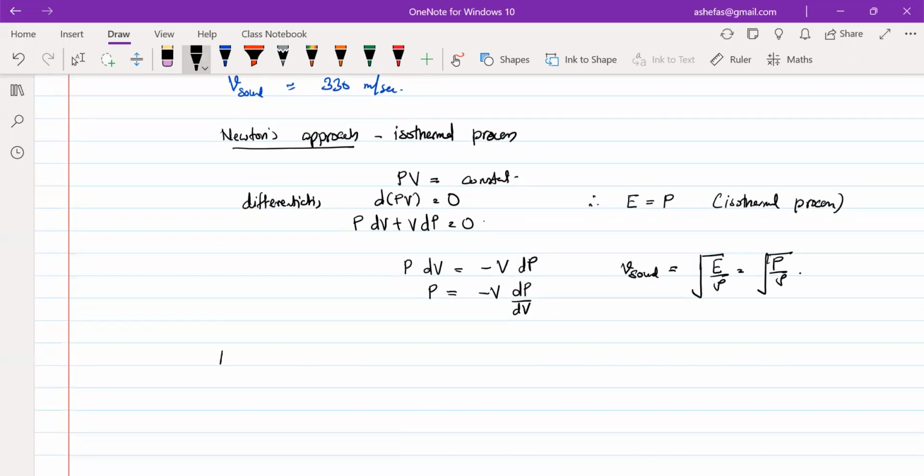So at standard temperature and pressure, what is the density of gas and what is the pressure?